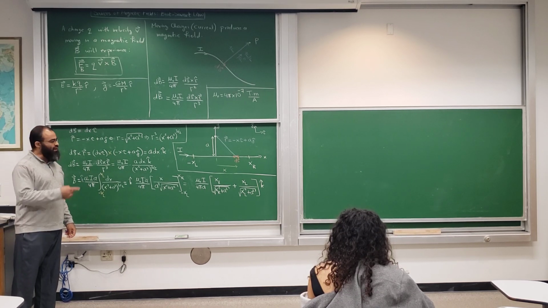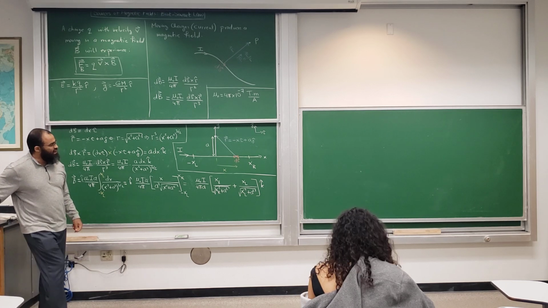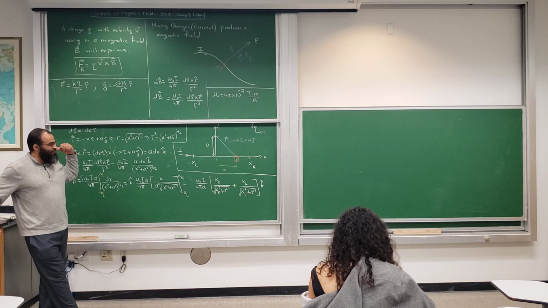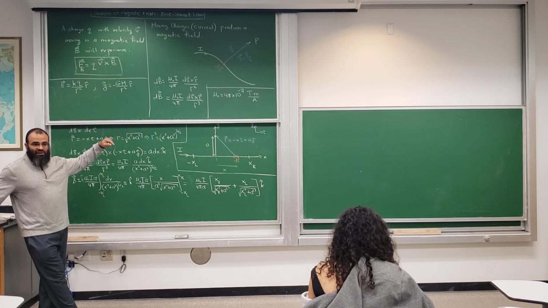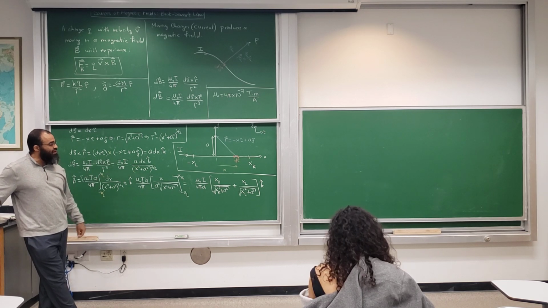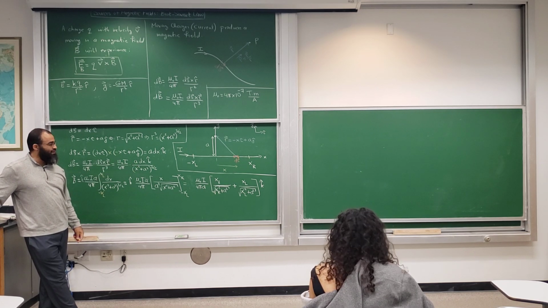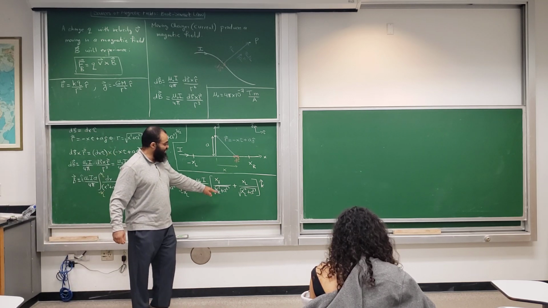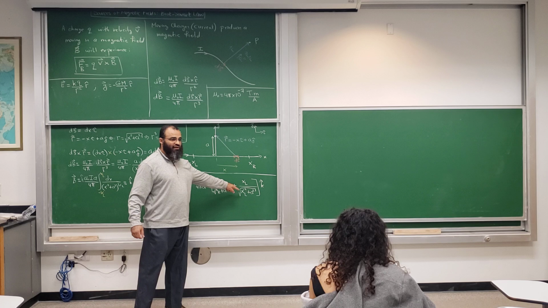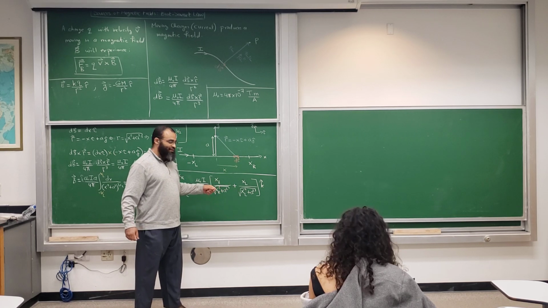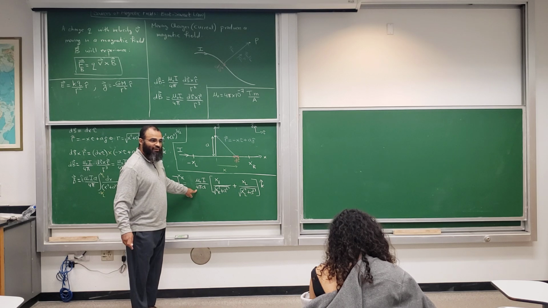So if the wire is very long, it means it extends from minus what? XL is infinity, but minus, right? And then XR is infinity, but plus. So what's the limit as XR goes to infinity? Yeah, this thing will just be 1. That limit is 1. And how about this limit when XL goes to infinity? Also 1. And so 1 plus 1 is 2. You have a 4 here at the bottom.